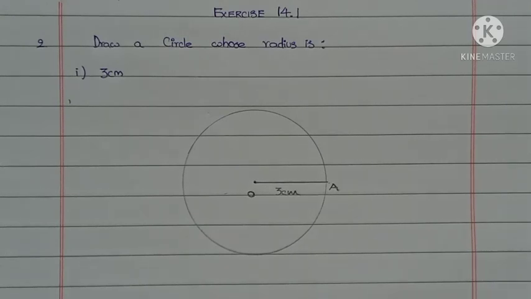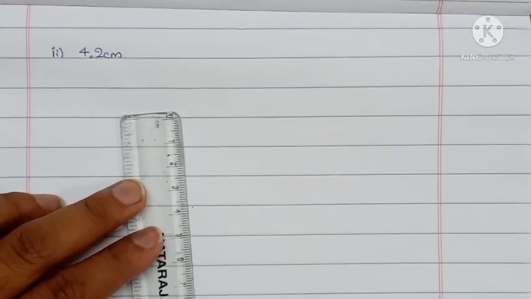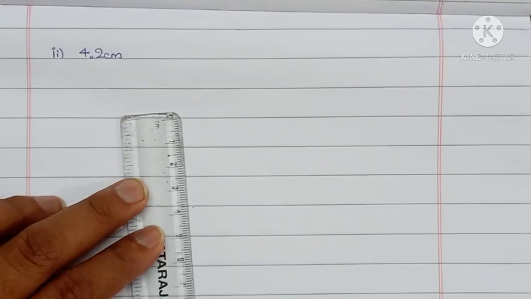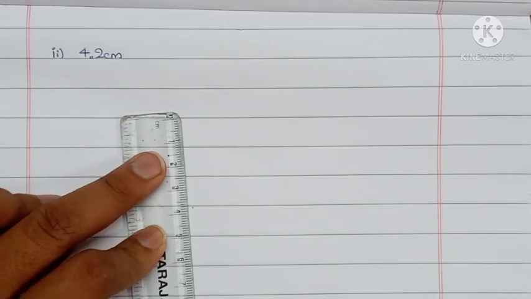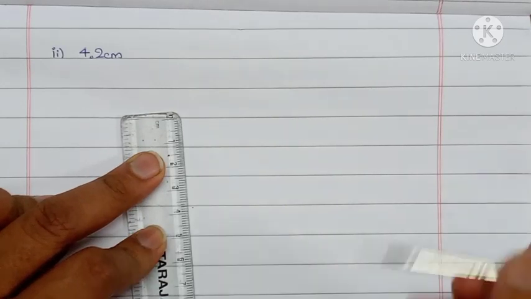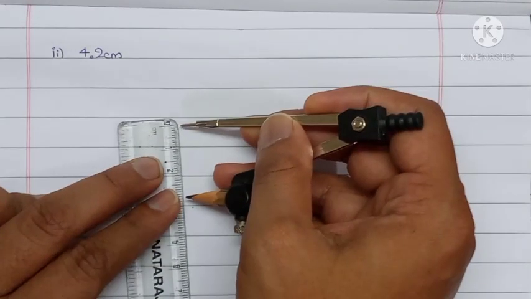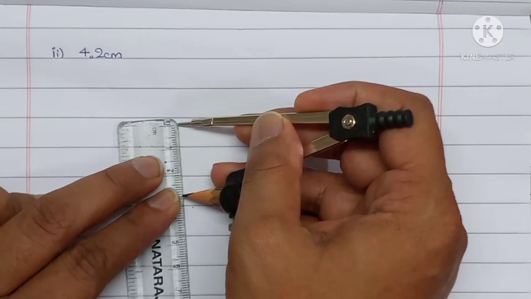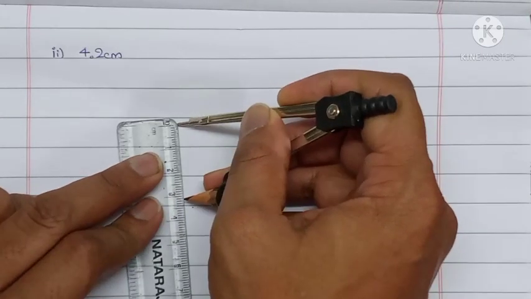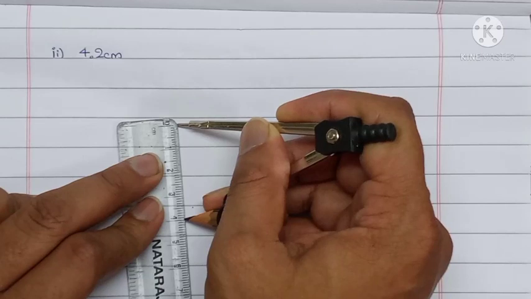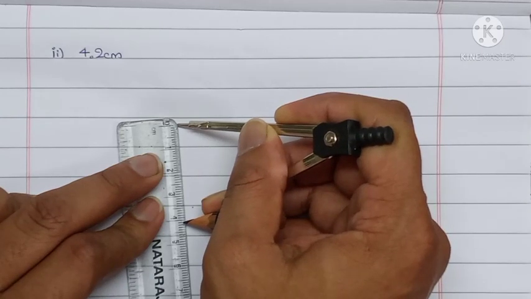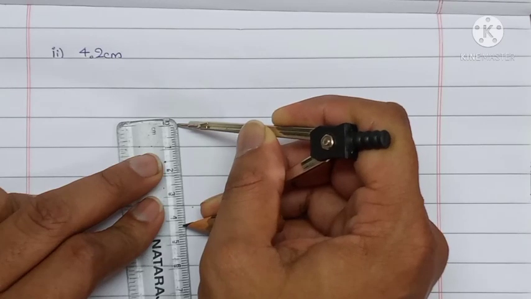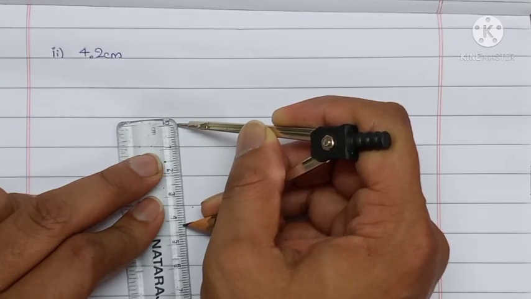So look carefully. Now the second question, children. We have to draw a circle by taking the radius 4.2 centimeters. As usual, we will keep this sharp edge on 0, and from 0 here is 4, then one shortest dash and then the second shortest one. That gives us 4.2.